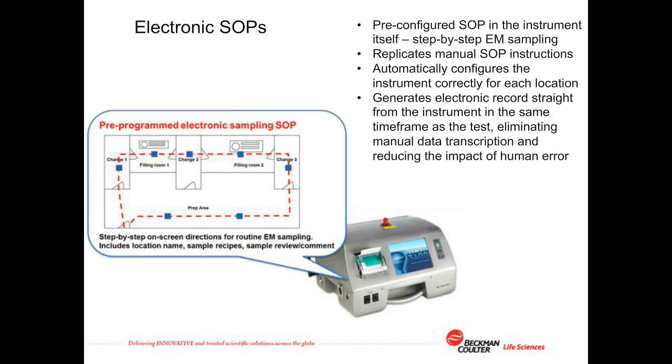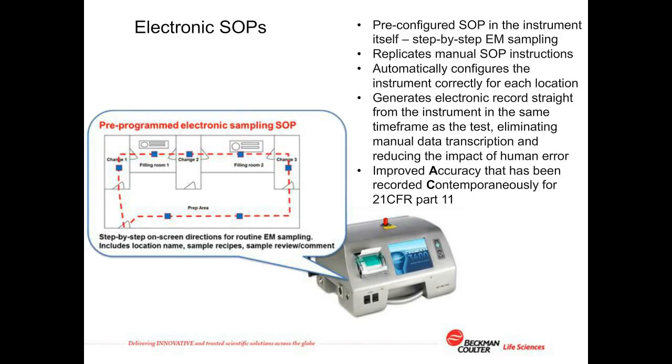And the other thing is this counter will generate an electronic record straight from the instrument in the same time frame as the test. So this is what they mean by contemporaneously. This literally will create the electronic record inside the counter and export it via wireless Ethernet as soon as the testing is finished. So this eliminates manual data transcription and of course reduces the impact of human error.